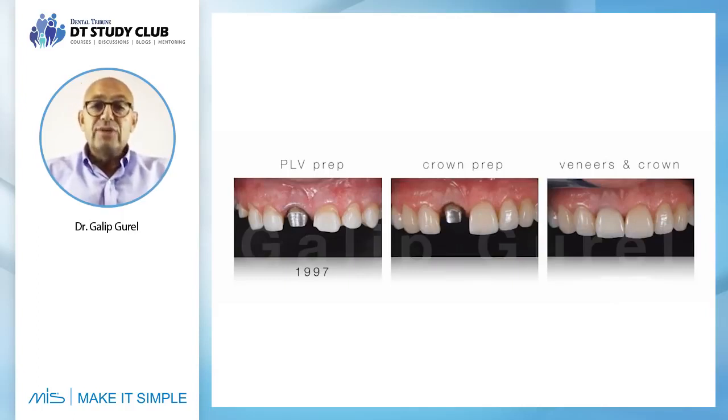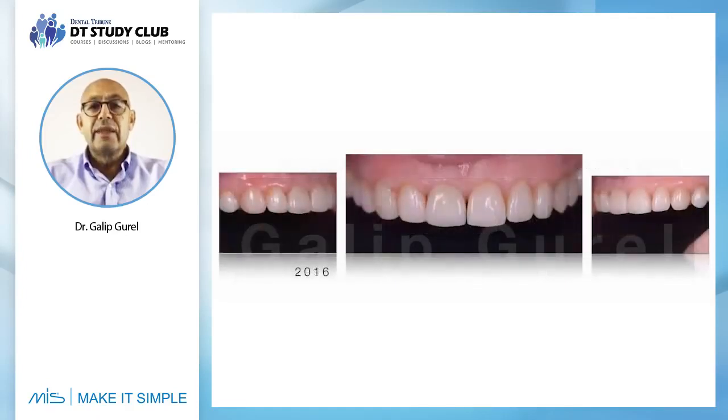The only thing we couldn't change was this huge post on tooth number 11 European, 8 American. If we would try to remove this, the tooth would have been broken anyway. So we kept it as it is and restored it with a crown. So it was all veneers, but a single crown on that central.